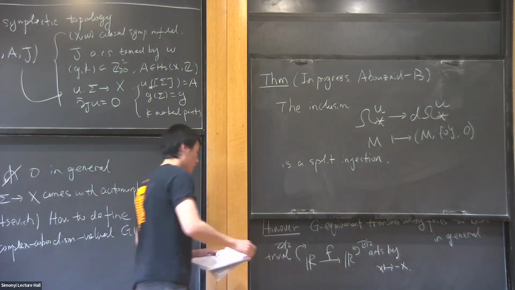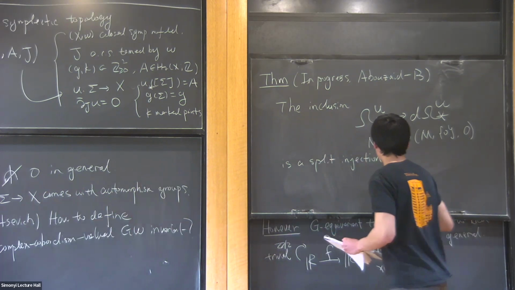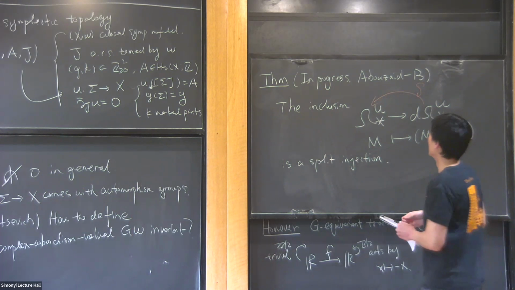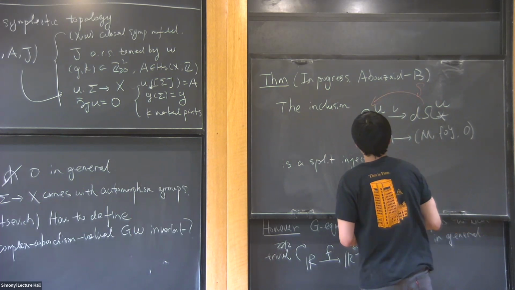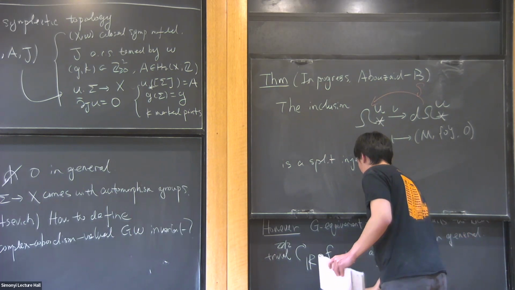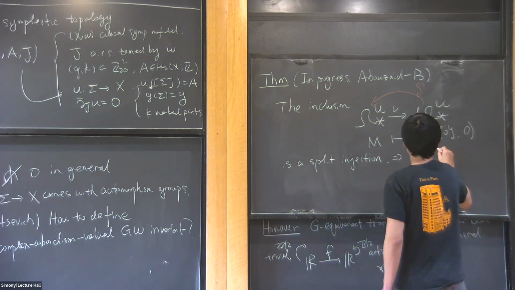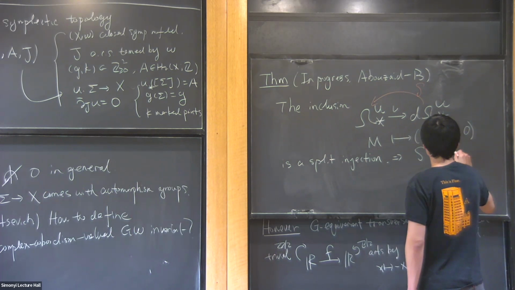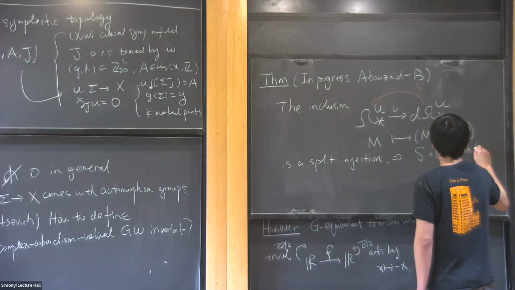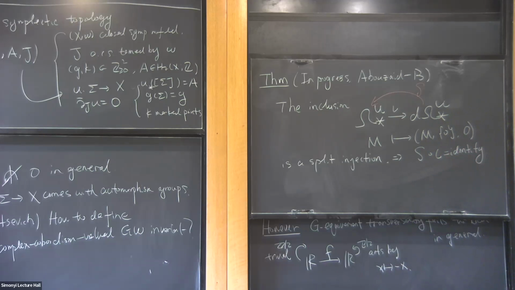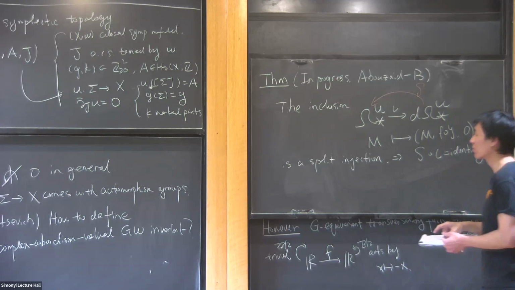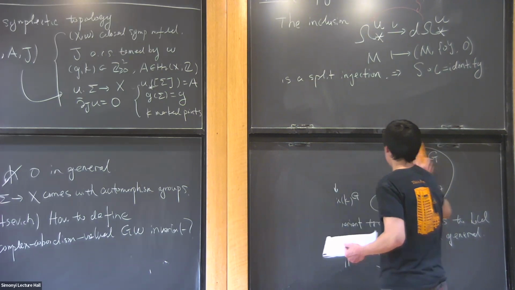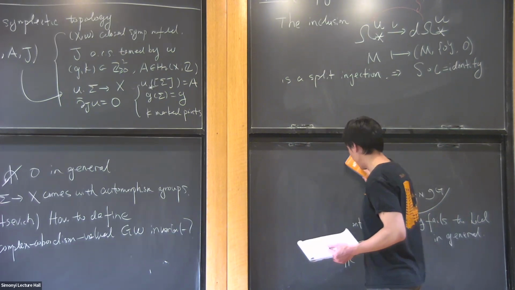In other words, we can find a map in the reverse direction. I call this iota. It says that the composition, in this order, is the identity. And there's an immediate corollary which answers this question.